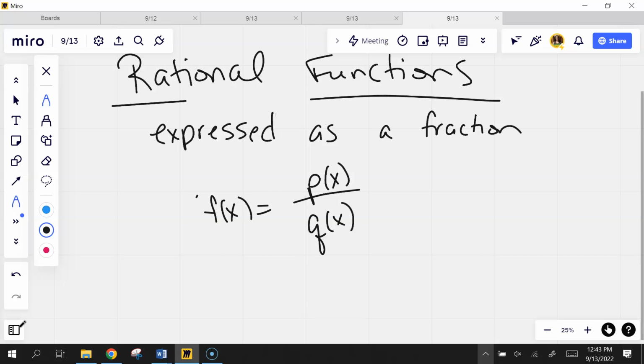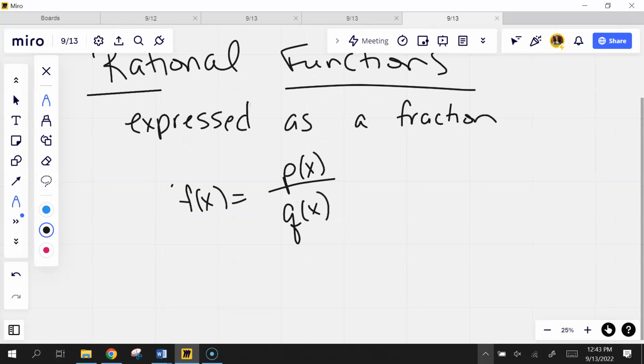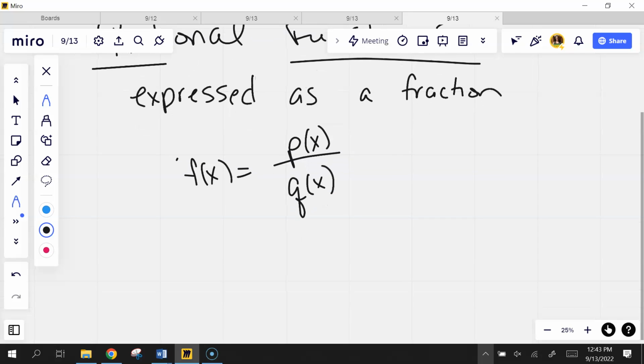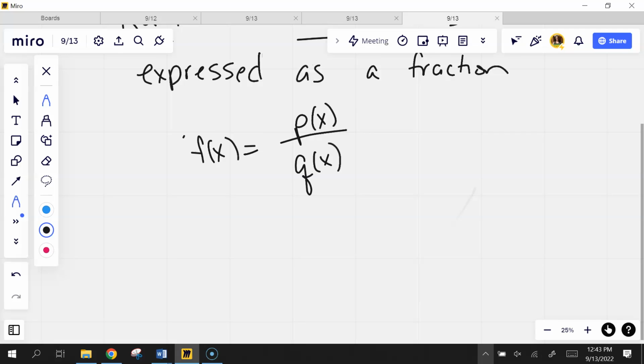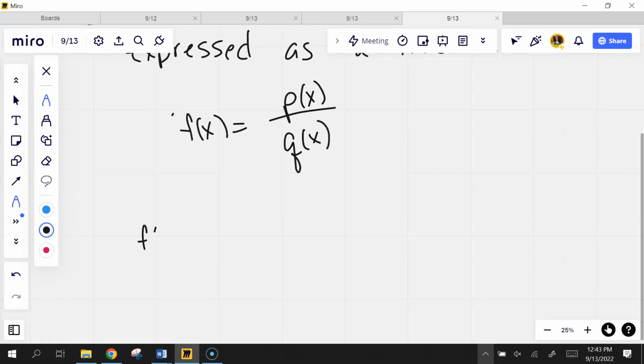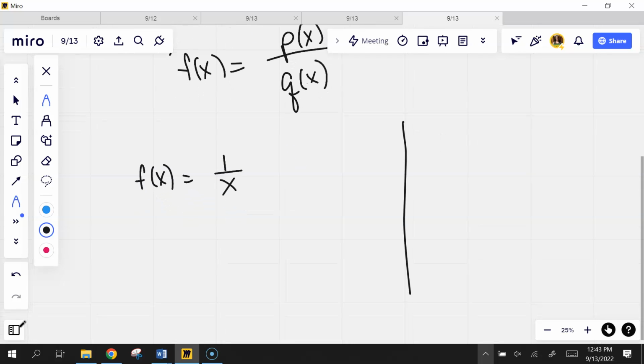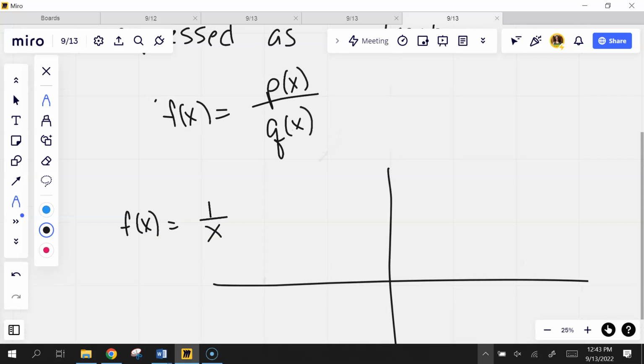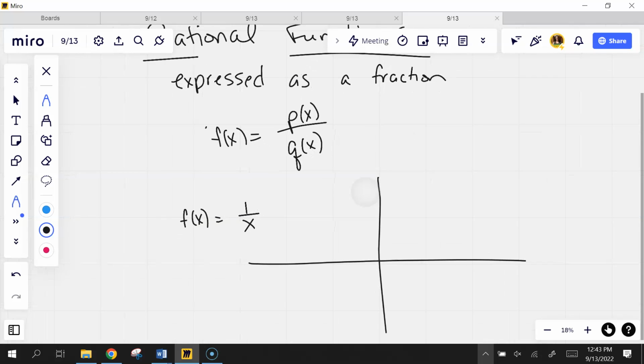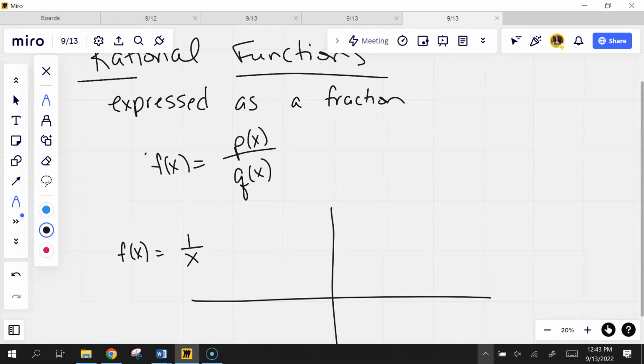So we learned about one rational function, the parent function, called the reciprocal function.